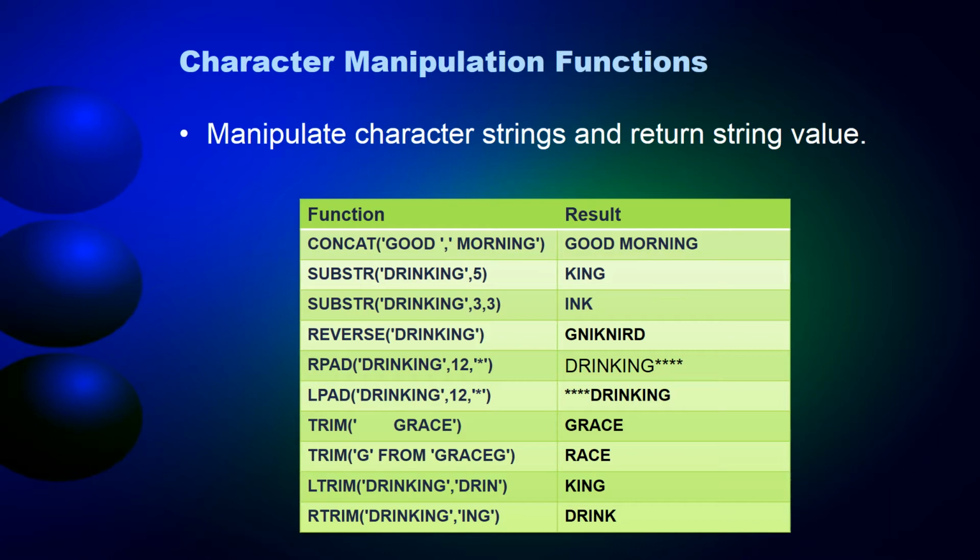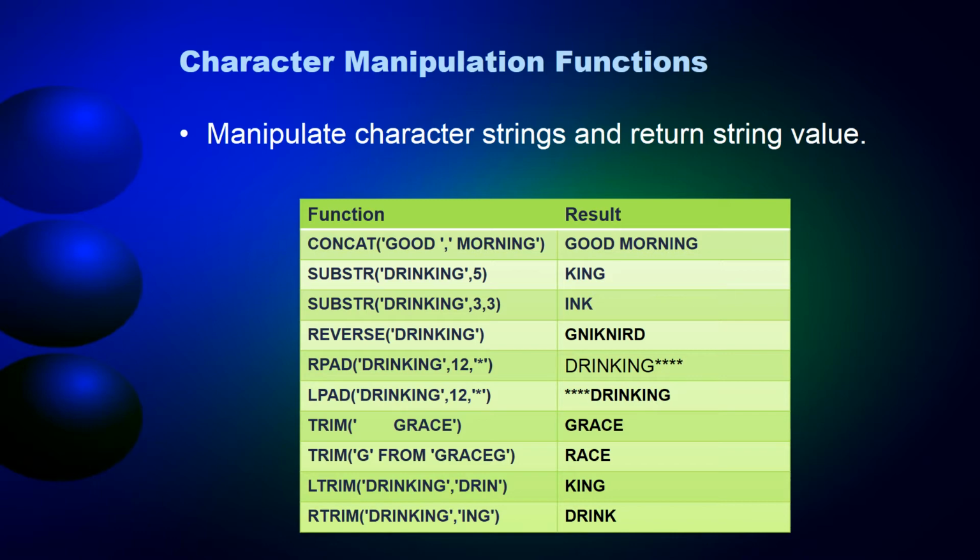Next is rpad of drinking, comma 12, comma star. This function returns a value that is 12 characters in length. As our example has only 8 characters, the remaining 4 characters from the right side are filled with the star.